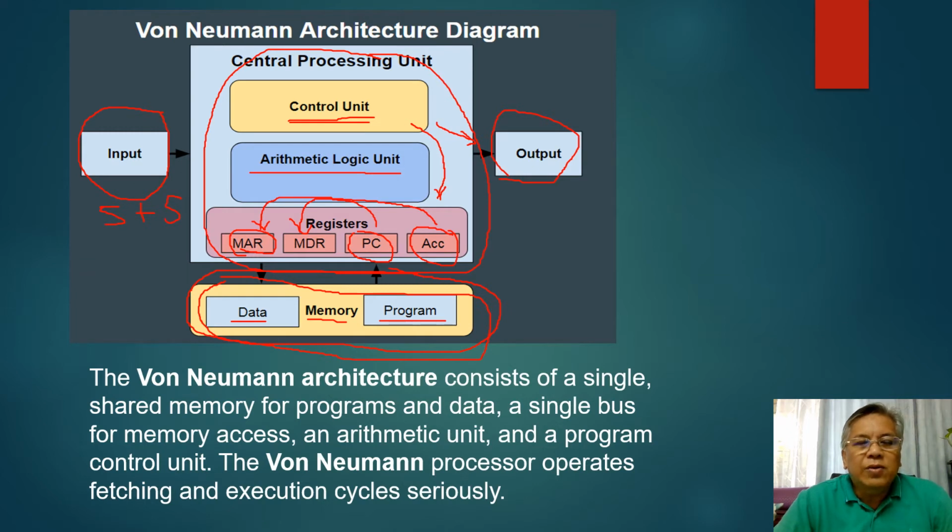okay, now this 5 plus 5 was being inputted using your input device, like for example your keyboard. Now this 5 plus 5 will be fetched by your control unit, and then your control unit will decode this 5 plus 5 and convert it into the so-called binary language.